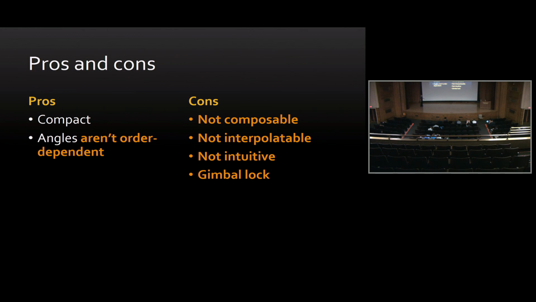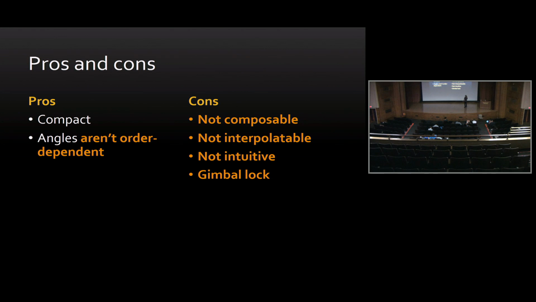This has some advantages. It's still compact, and the nice thing is the angles aren't order dependent anymore. So they're not locked to the global coordinates, but they're not based on axes that are changing as you're doing subsequent rotations.